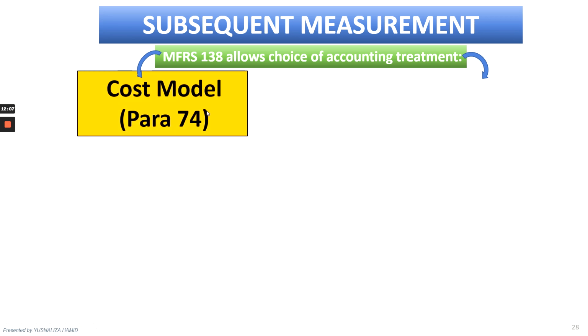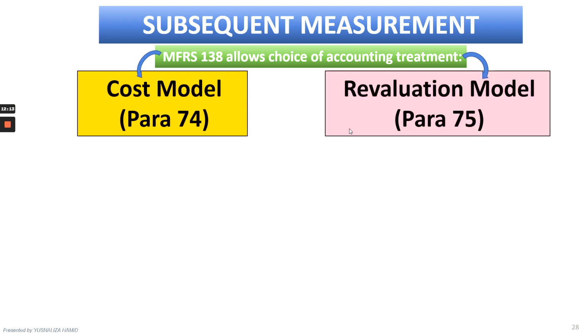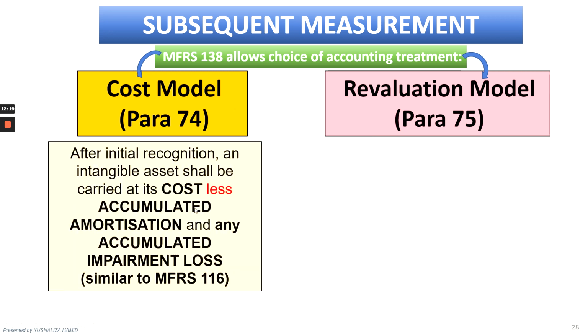One is the cost model, which is the same as in MFRS 116 PPE, and the same thing here is also the revaluation model. So basically it's the same, where after initial recognition, the asset will be shown at cost less accumulated amortization.